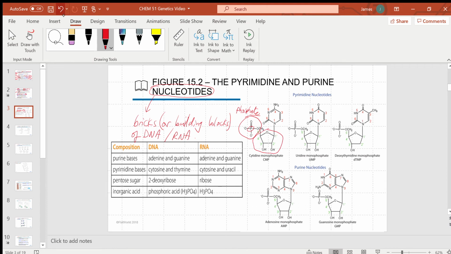So this is a Haworth projection of our sugar. And then we have our base over here, our nitrogenous base. So there's 3 components. Again, you can see here the phosphate, the Haworth projection of our ribose sugar, and our nitrogenous base. And then again, the phosphate, the Haworth projection of our ribose sugar, our nitrogenous base. Okay.